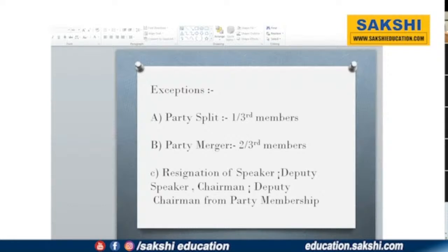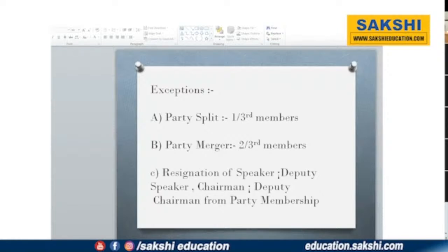Now take the case of the recent Maharashtra political crisis, where the Shiv Sena Shinde party dissociated itself from the main Shiv Sena Uddhav Thackeray party and formed a new entity, the Shiv Sena Shinde faction.